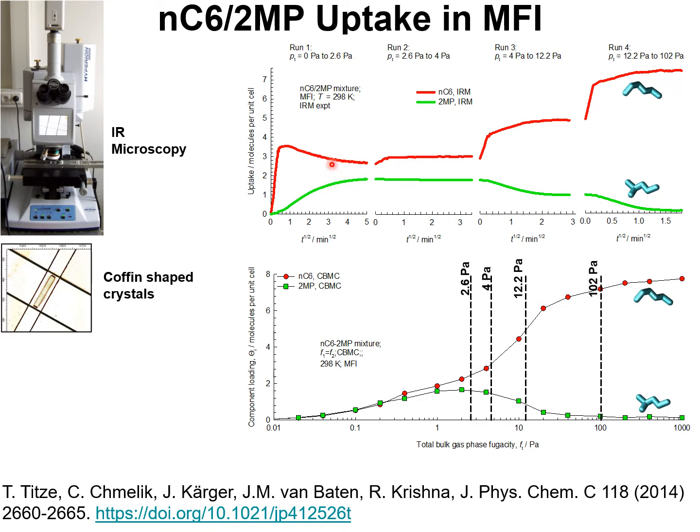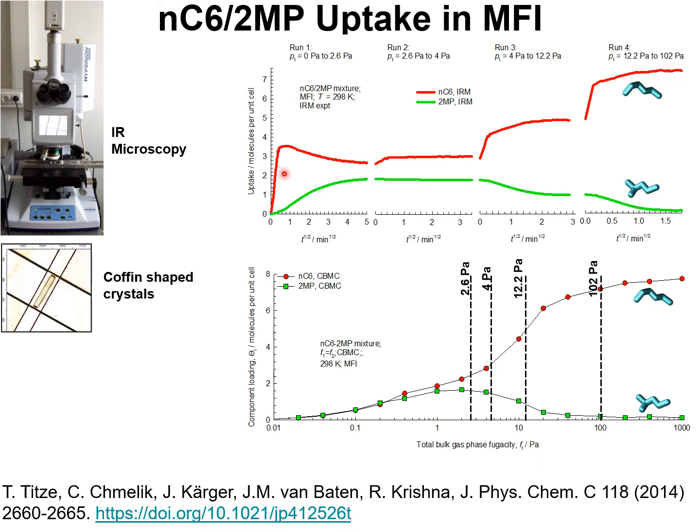Let me explain the experimental data. The details are available in the paper. Coffin-shaped crystals of MFI were exposed to a gas phase mixture containing equal amounts of the two guests, normal hexane and 2-methylpentane. And I show here 4 runs which were conducted consecutively.